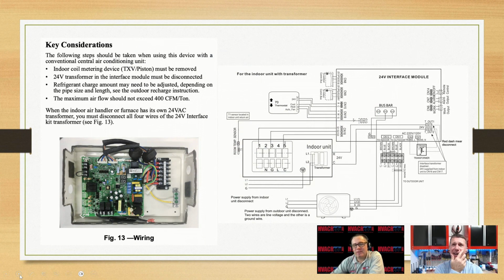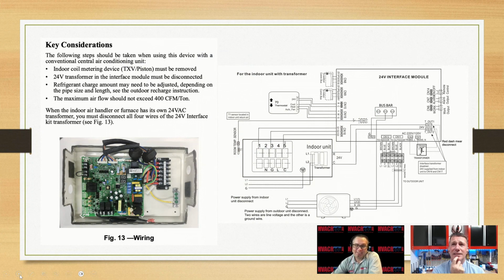So you're saying you could use a traditional air handler, standard air handler, non-pancake coil, non wall mount ductless, and you could use this module or this interface, and you could run an outdoor variable speed modulating ductless mini split condenser.